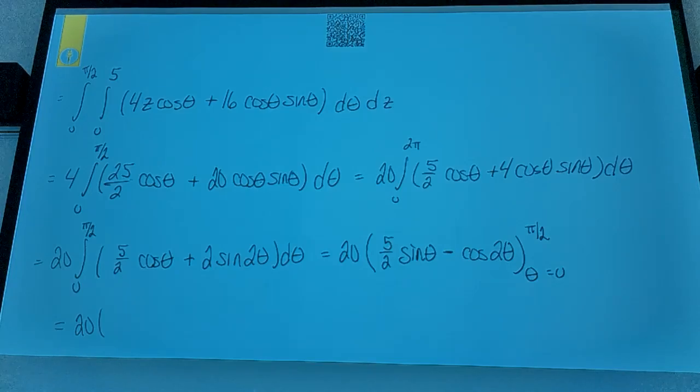What is sine of pi over 2? Sine of 0. That first term is just 5/2 times 1. What is cosine of pi? Cosine of 0. That second term becomes -2. Minus -2.